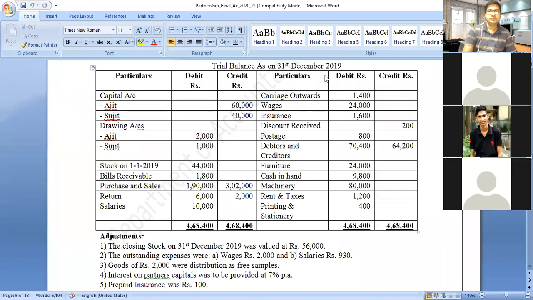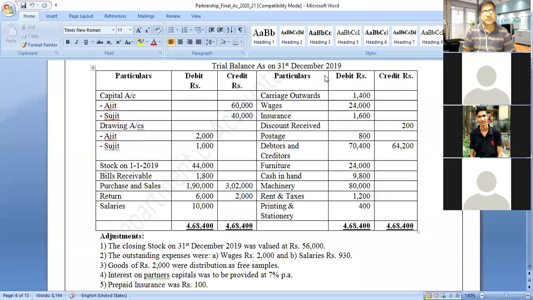Balance sheet, asset side, trading account, credit side. Yes, Mr. Gupta gave the answer. First effect, trading account, credit side, closing stock, and second effect, balance sheet, asset side, closing stock. Amount same, 56,000, right?